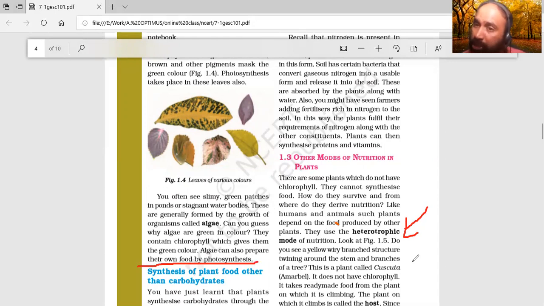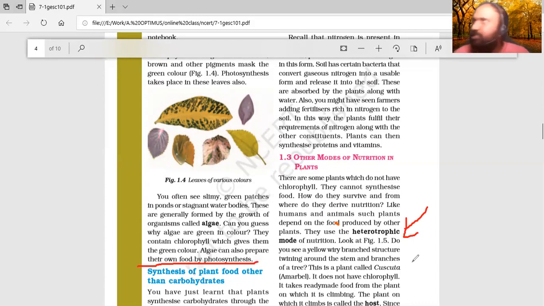The mode of nutrition in which the organism depends on other organisms. I've already written the definition. Some plants are heterotrophic in nature. They're not autotrophic. They don't have chlorophyll. So these plants steal food from the other plants.